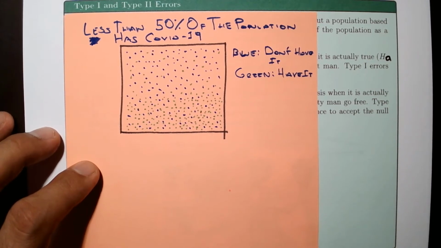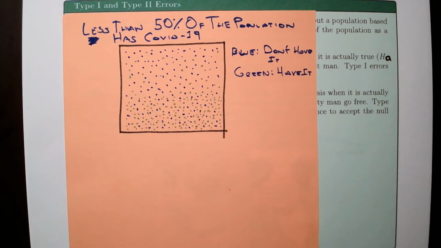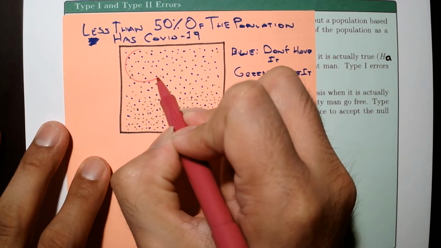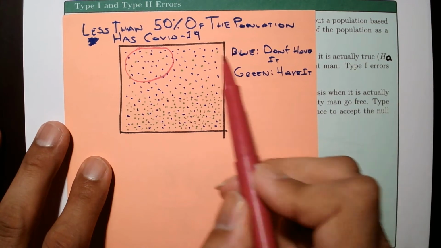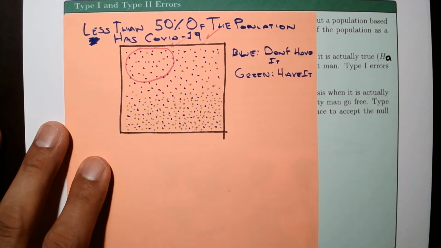Well, there could be issues here with the way we conduct the experiment. For example, what if I take this sample? Can you see that in this case, the sample you take actually supports your claim?